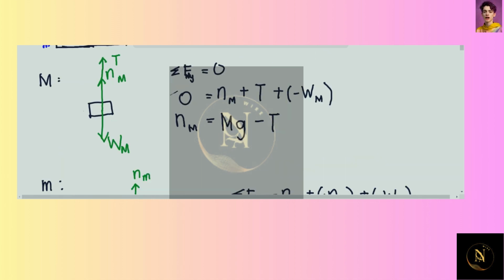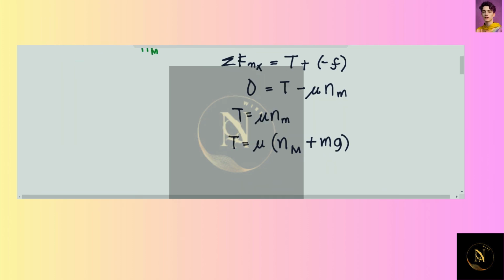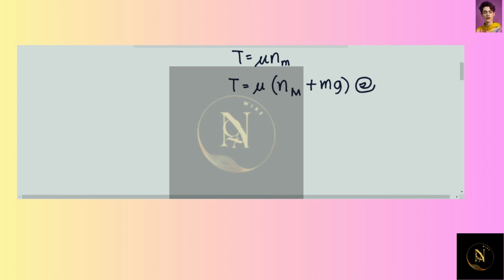Let's note this as equation 1. Let's insert it into this equation, which we denote as equation 2. Then equation 2 becomes T is equal to mu multiplied by this quantity.